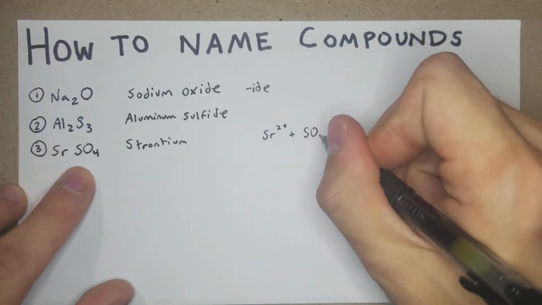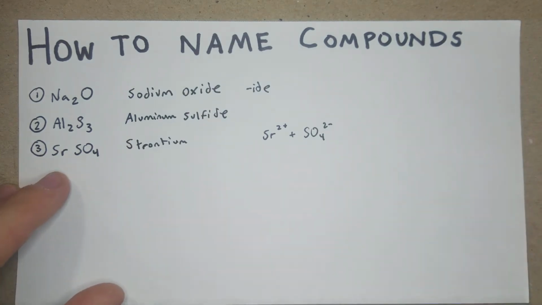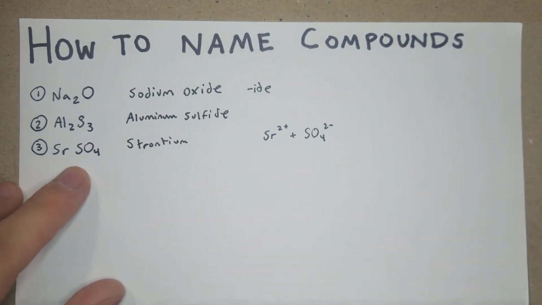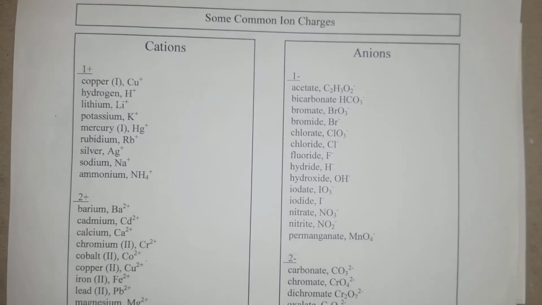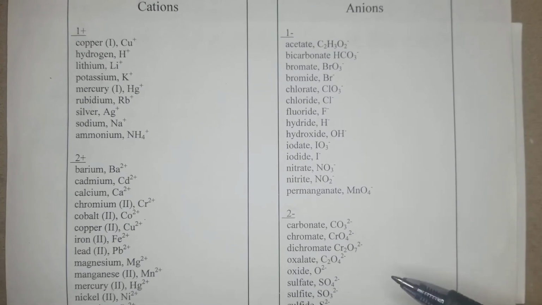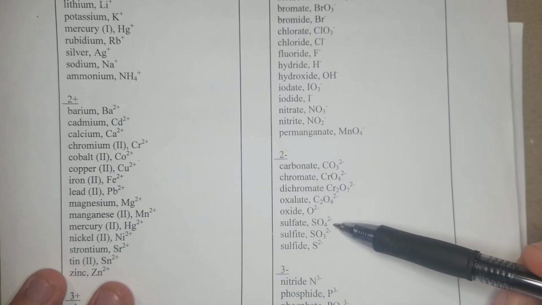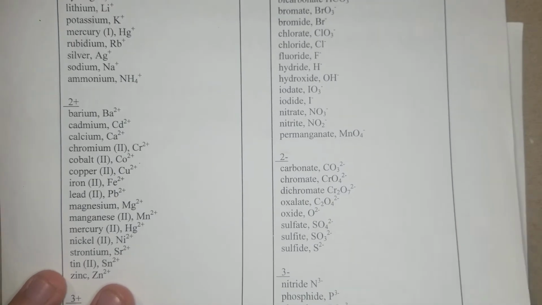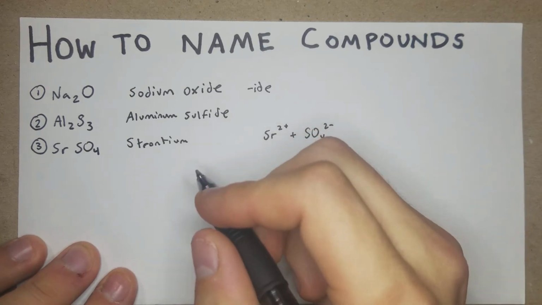So that means SO4 has a 2- charge. That makes it a little bit easier. A lot of professors will give some kind of chart that looks similar to this, where you get an example of a lot of the common ones. For example, this one is SO4. That's going to be sulfate, and again, we get that confirmation it's a 2-. So it's just going to be strontium sulfate.